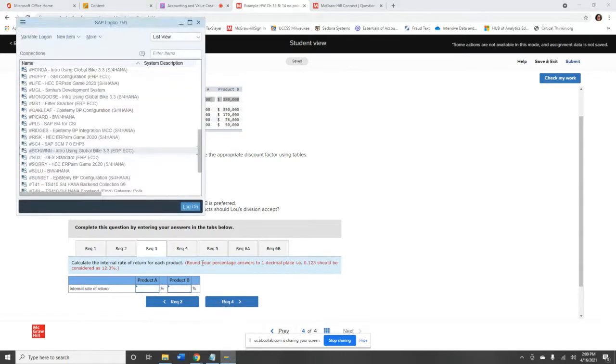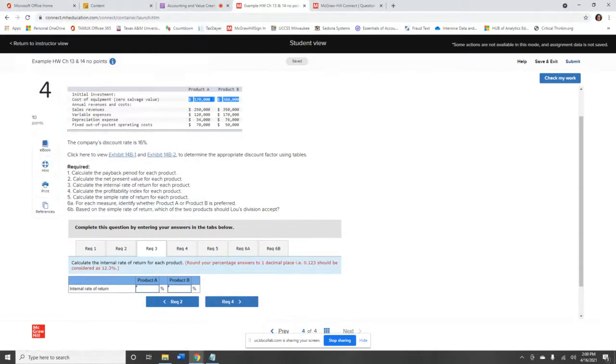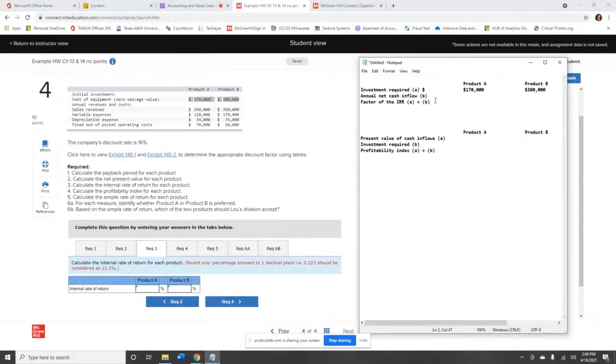And then the net cash flow, remember we calculated that both in payback period and net present value, but it's the net cash flow, not the present value. For product A, that was 60,000, and for product B, that was 130,000.